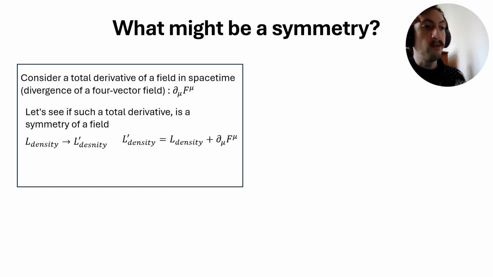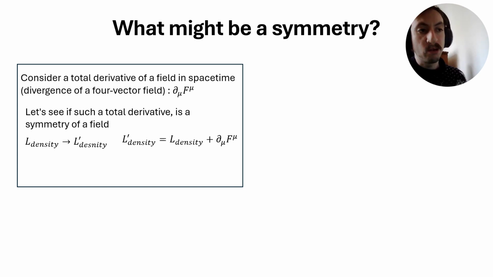Well, as a reminder, if the divergence is a symmetry, then when we add it to our Lagrangian, well, I should say Lagrangian density, to get a new Lagrangian density, the new action should equal the old action.